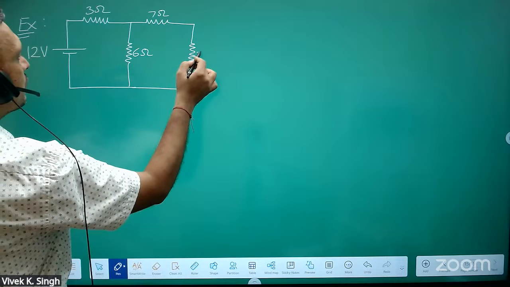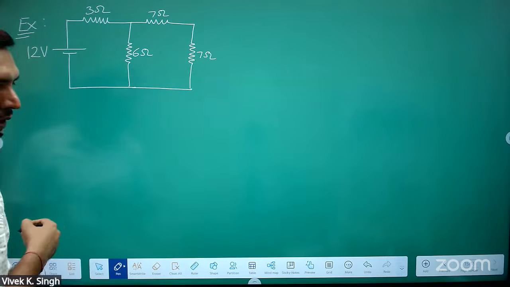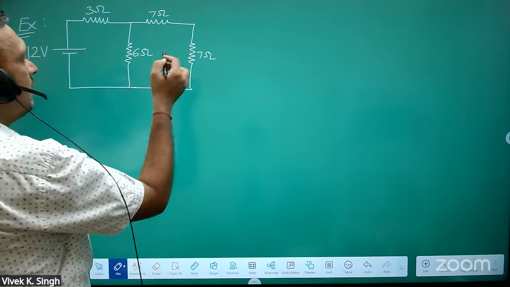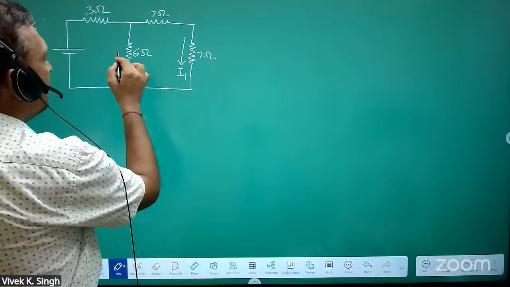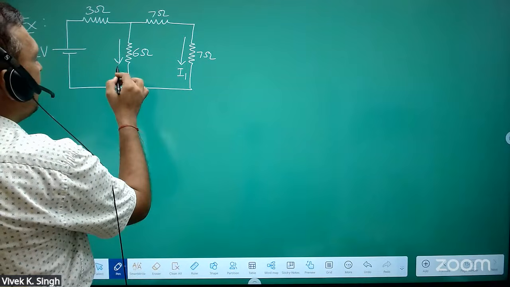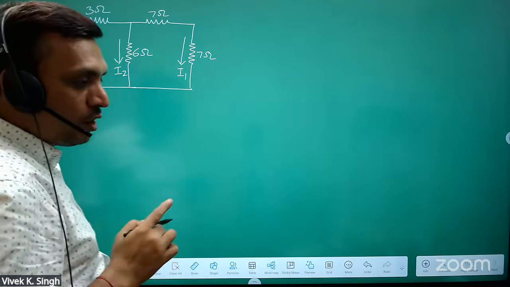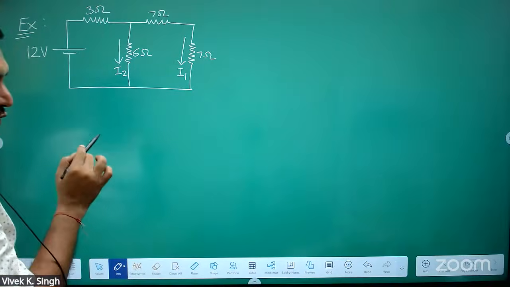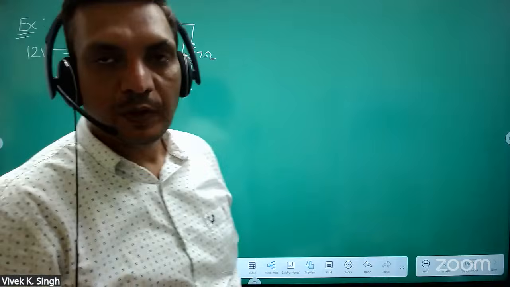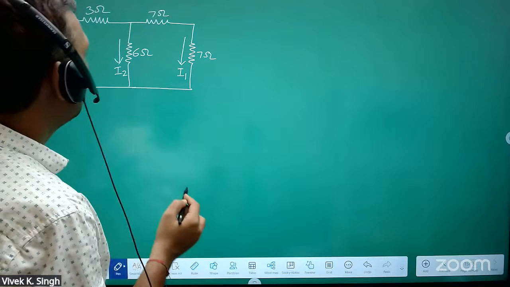This is also 7 ohm. Now assume you have to first find this current I1 and then you have to find I2 also. But now you have to use Thevenin's equivalent. Using Thevenin's theorem, we have to find current I1 and then I2.